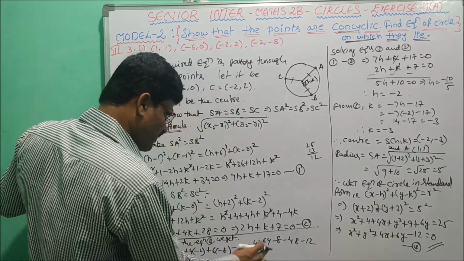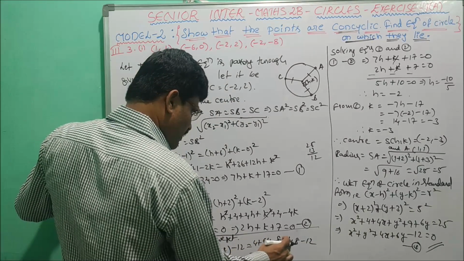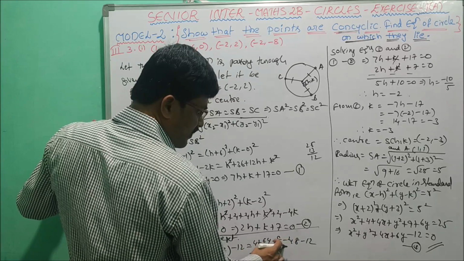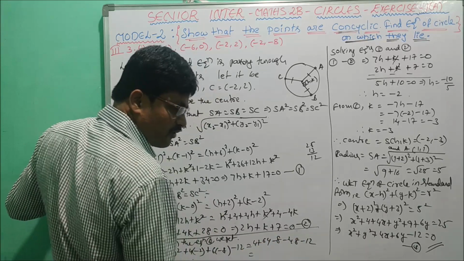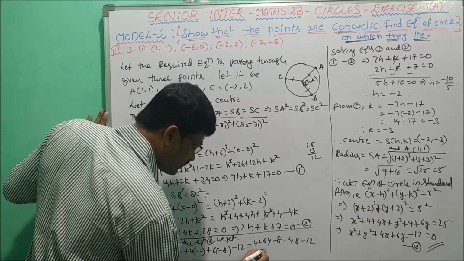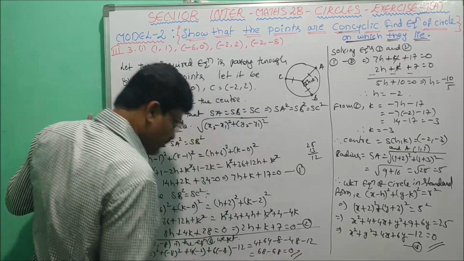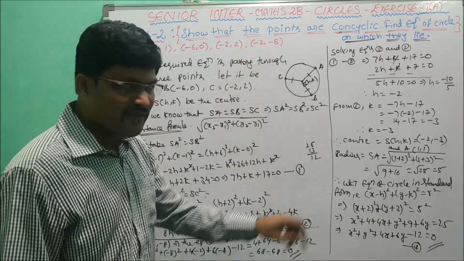So totally this is 68. In this, it is 56. 56 minus 12, that is also 68. So 68 minus 68 equals 0. Therefore the fourth point satisfies the equation.